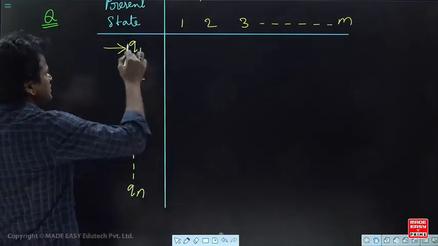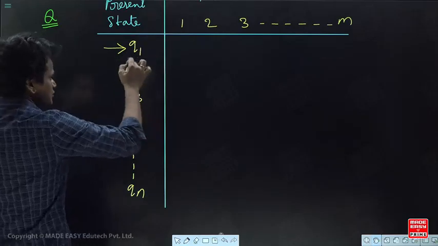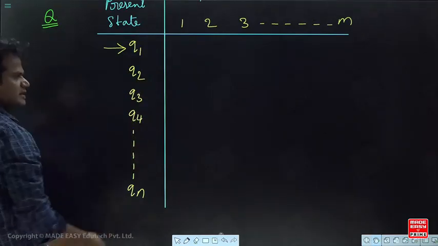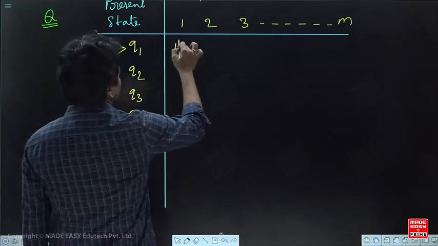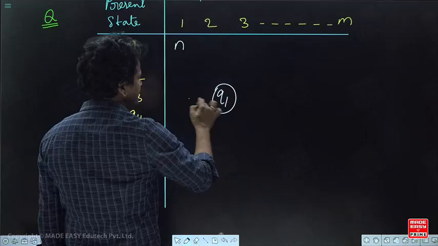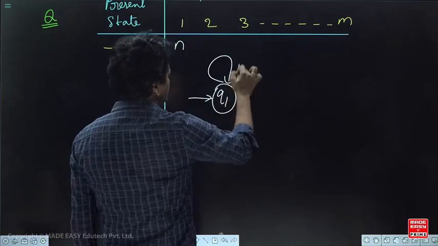Now listen, guys. Q1 on 1, I can go to Q1 or Q2 or Q3 or Q4 or Q5. Are you following? For Q1, I must define a transition on 1.